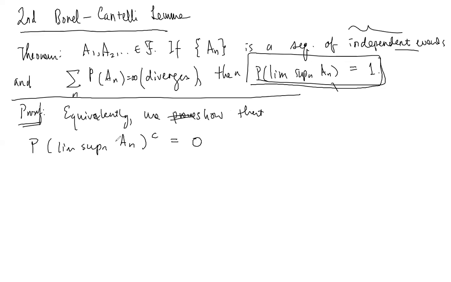Okay? This is a common strategy in probability work. Sometimes the probability of the event that we want to show may be hard to do, but its complement may be relatively simple. So we do the complement. Okay, we just show equivalently the complement is true. So in this case, trying to show that this is equal to 1 is the same as trying to show that the lim sup of An's complement is equal to 0.